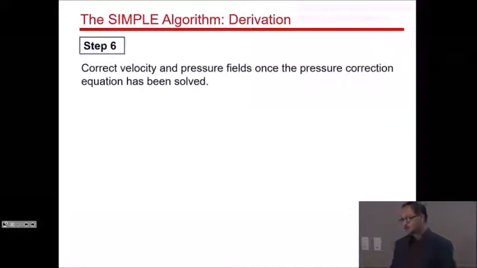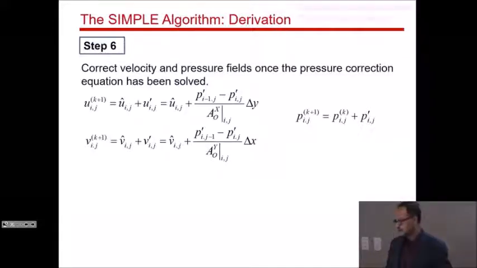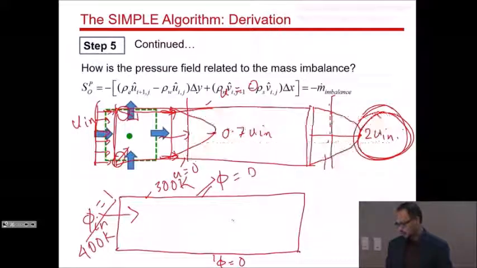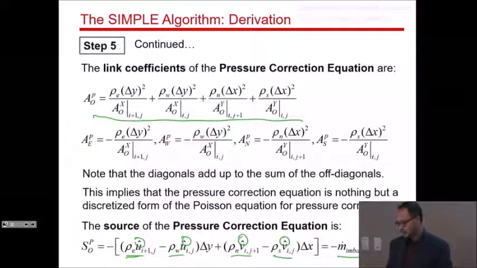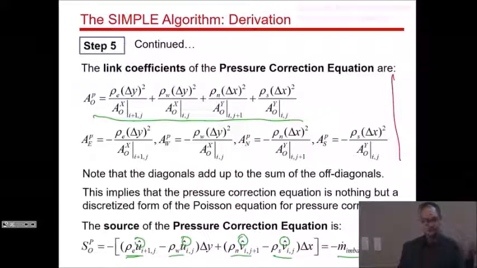So after we have solved the velocity, the pressure correction equation, I already outlined for you what to do here. Let me just go back here. These are your link coefficients. This is your source term, and you just solve it now. The solution again is iterative, inner iterations. The only difference is this is now a diffusion type equation rather than the advection-diffusion equation which you had for momentum.